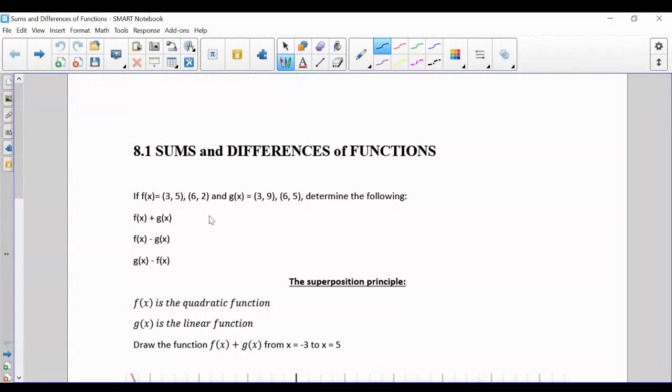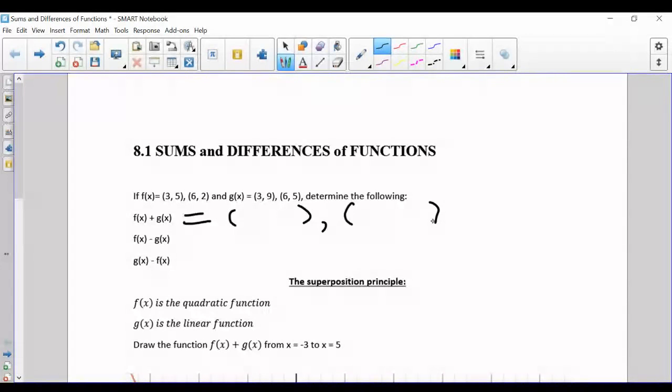How would you do it? Could somebody tell me what they think those ordered pairs would be? I'm just going to ask you what you're thinking they might be. Come on, let me hear what you got. I'll take any answer you can give me. It might not be right, and that's fine. I just want to hear what you think is going to happen when I add these two functions together.